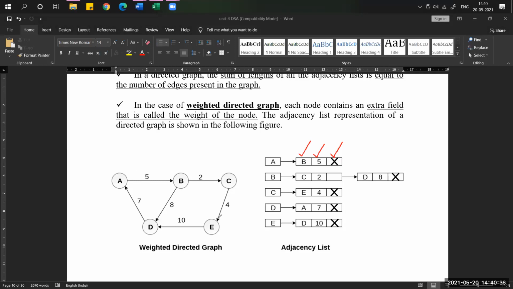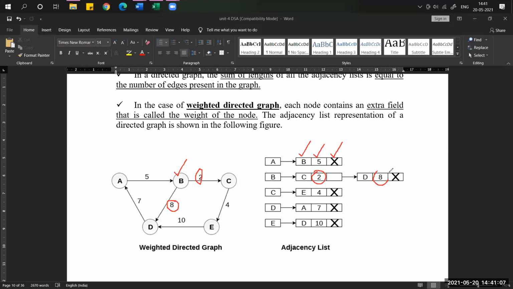Now observe, we will take B. From B, how many outgoing edges? C and then D. To reach from B to C, what is the weight here? 2. That's why we wrote 2 here. To reach from B to D, what is the weight present in the weighted graph? 8.